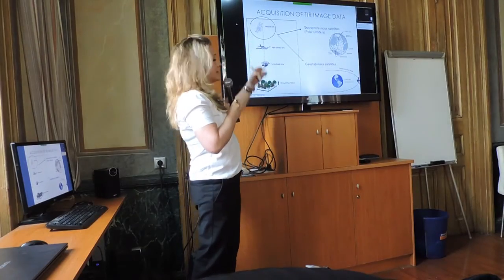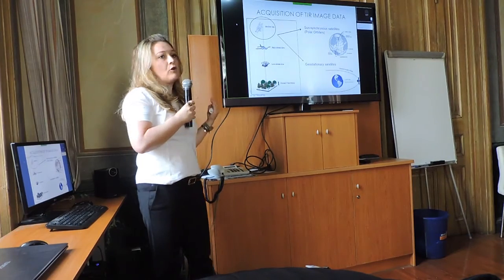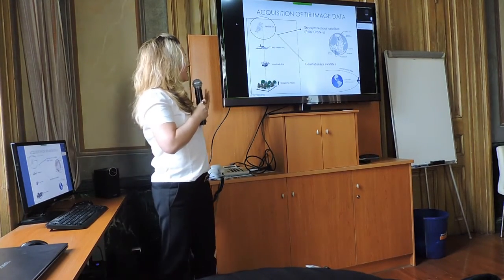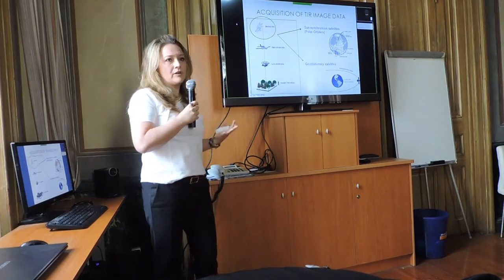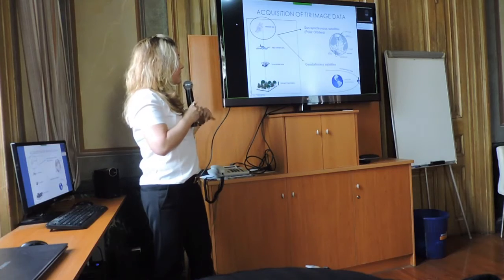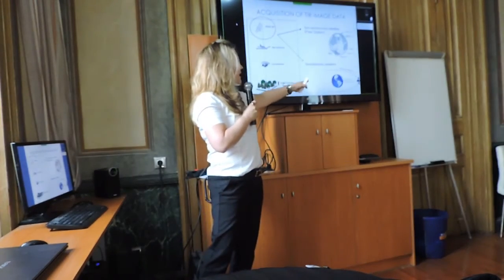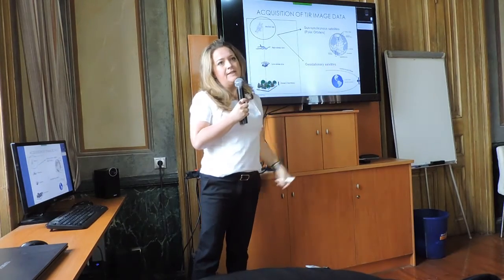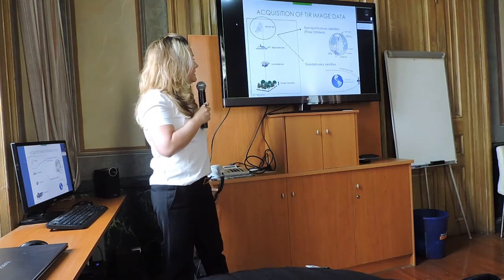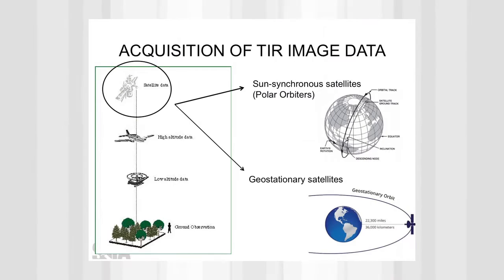We are mostly interested here in satellite data, and you have two kinds of orbits where you would have thermal infrared sensors. You would have sun-synchronous satellites, the polar orbiters. They are lower in the Earth. They cover the whole Earth, and then you would have the geostationary satellites that are much further away from your target, 36,000 kilometers, and you would call it a geostationary orbit.